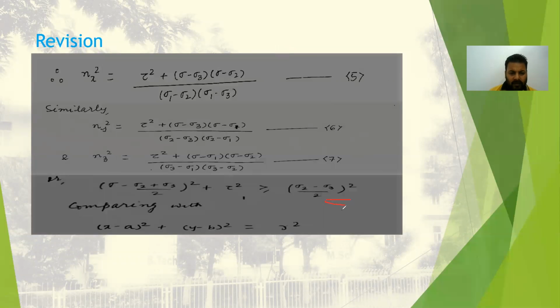In the last class I also told you that this equation is very similar to the equation of a circle. That's why we compared it with the equation of a circle, so that we can find the center of the circle.